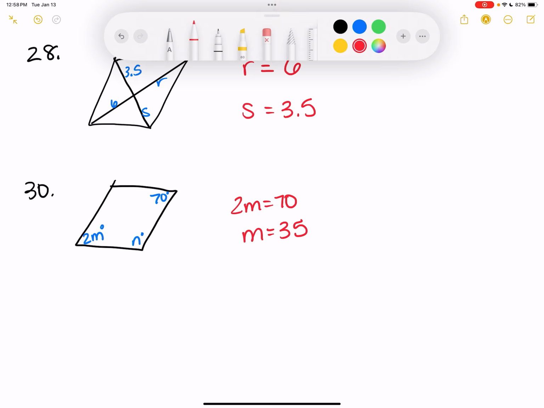They're supplementary, so they equal 180. That means n plus 70 equals 180, so n equals 110. Jonathan, the way you said would work, but then you'd have to divide that by 2. So it's just more involved than using this theorem.